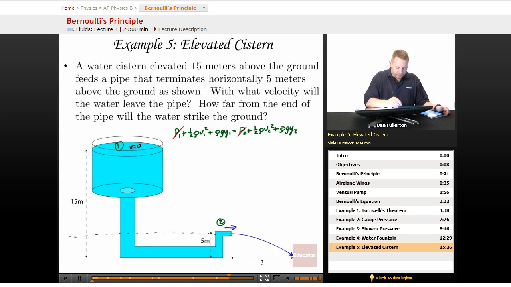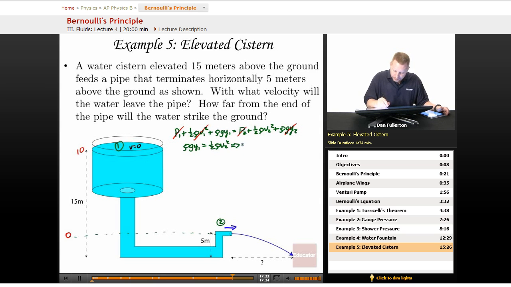V1 is going to be roughly 0. We can make that go away. On the right-hand side, if we're calling this the 0 height level for the first part of our problem, setting that as our 0 and the height here is 0, we can make that term go away. So we've simplified Bernoulli's equation to say that rho g y1 equals 1/2 rho V2 squared.